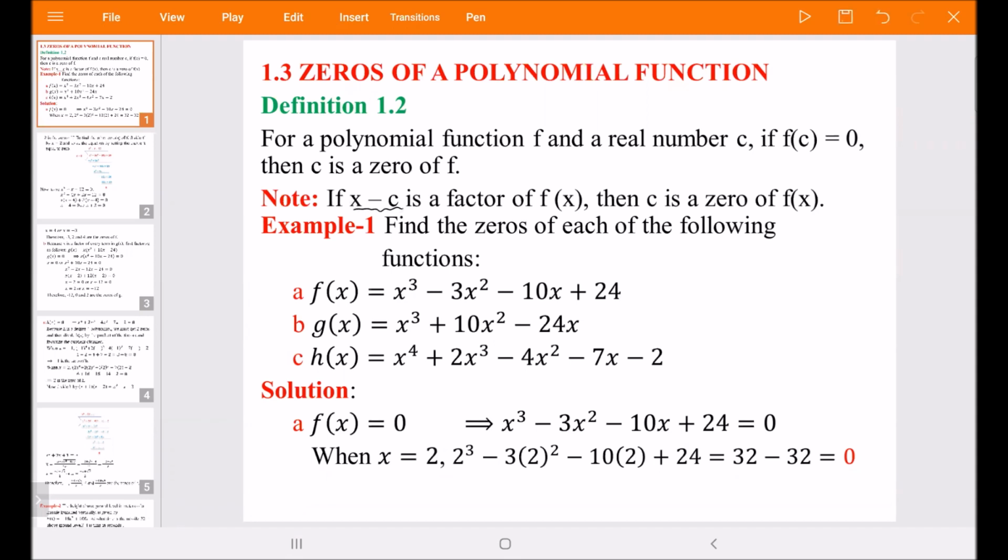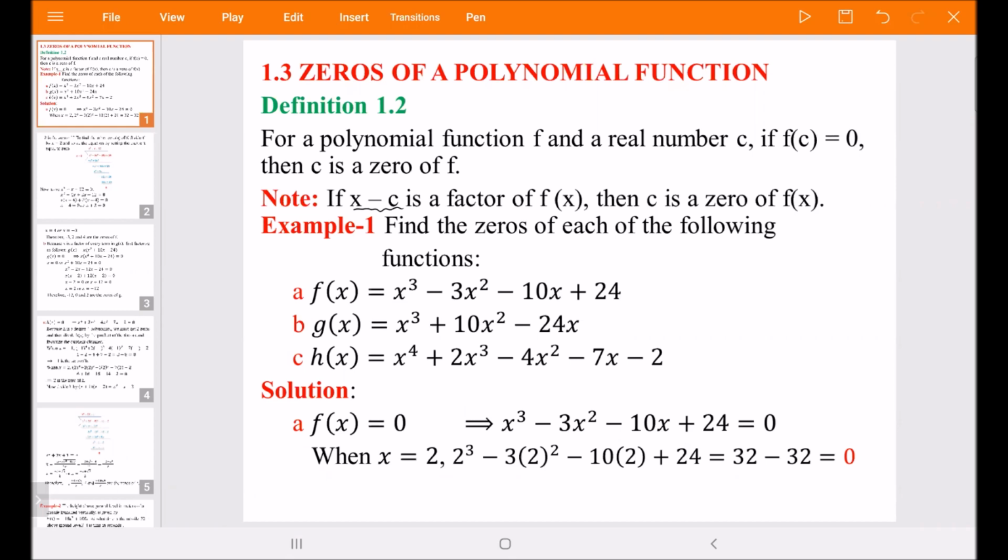Now we are about to start the division process, long division, dividing the given polynomial f of x by x minus c, in this case by x minus 2. Now we totally focus on the quotient, because this is a factor. When f of x is divided by x minus 2, the remainder is 0.